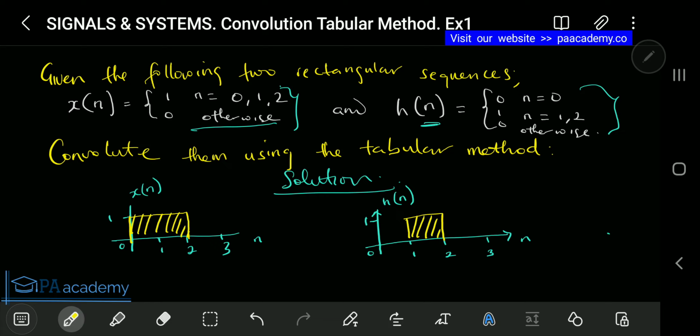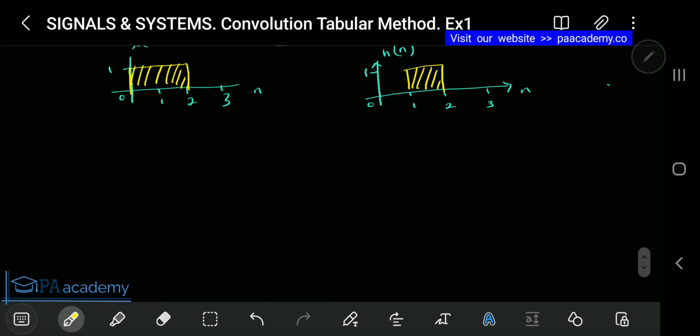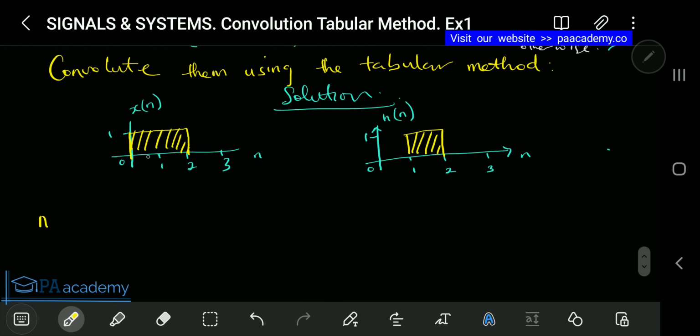So we are going to convolve them using the tabular method. For us to do this, we are going to have a table that looks like this. First of all, let me write k here, or let me just use n. Now the range of values for n will just be what we have here.